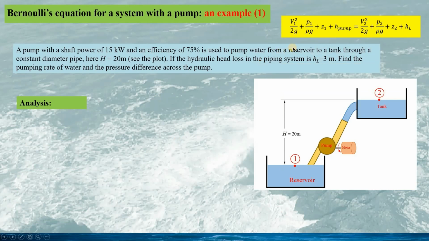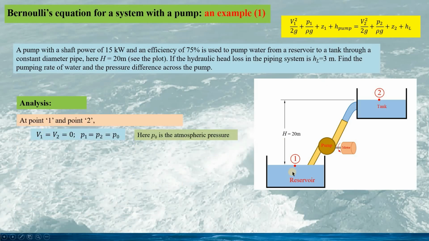For this problem, we are going to use this modified Bernoulli's equation. So in the analysis, at point 1 and point 2, the velocities V1 and V2 are both 0, and the pressures at the free surfaces here and here are both the same as the atmospheric pressure P0.